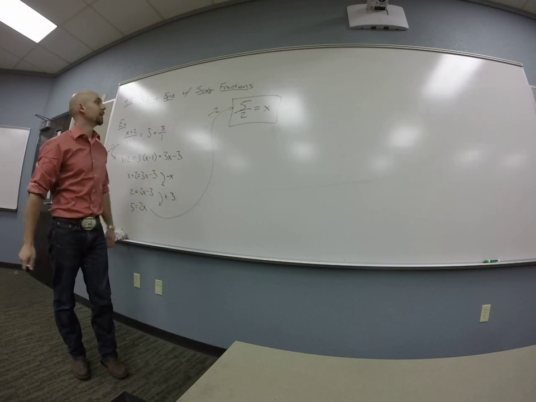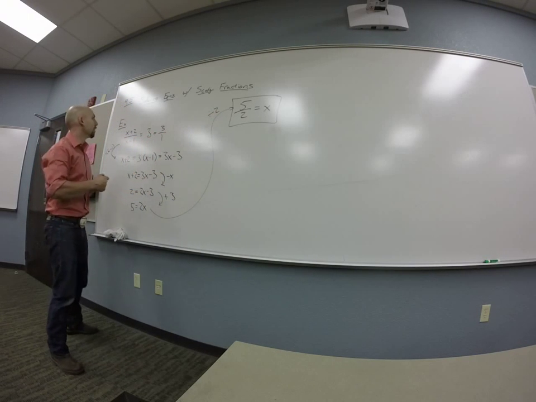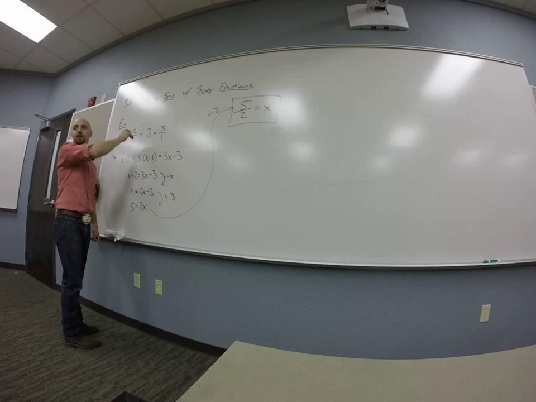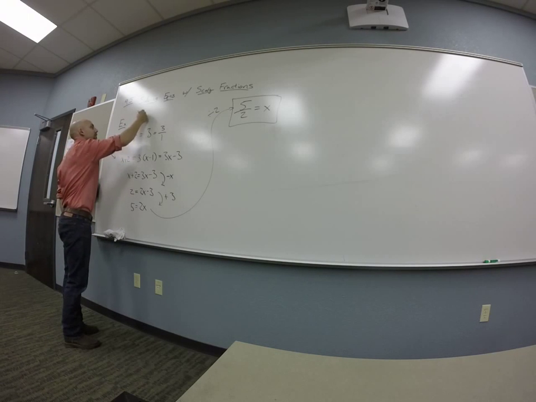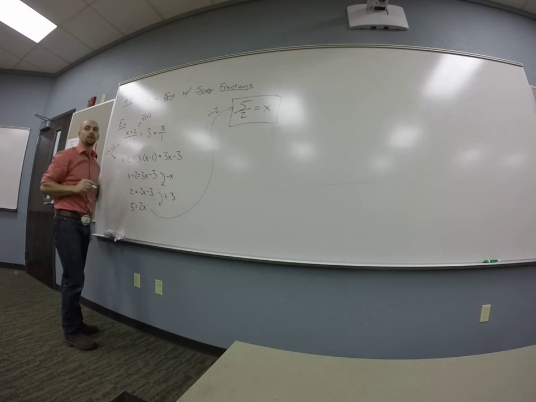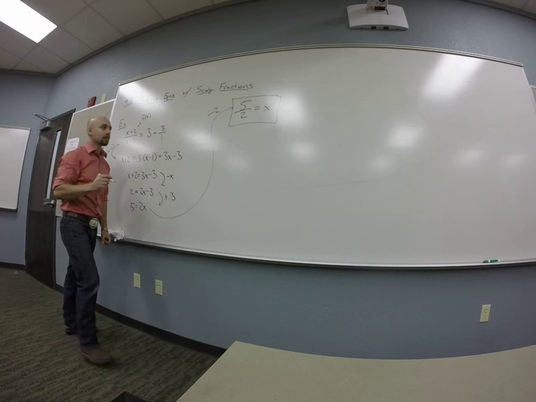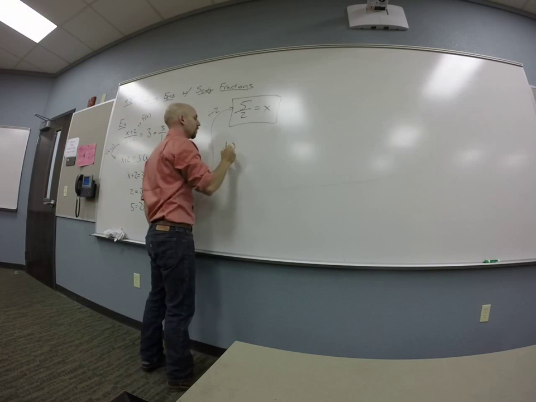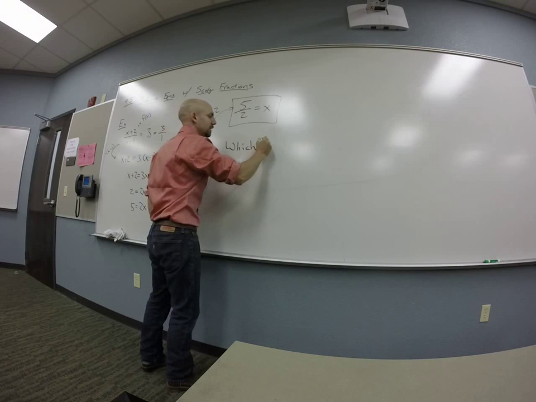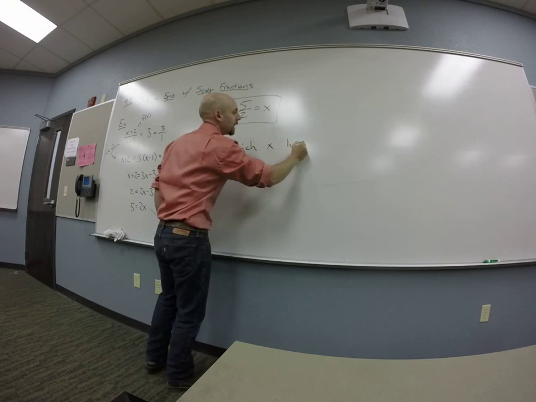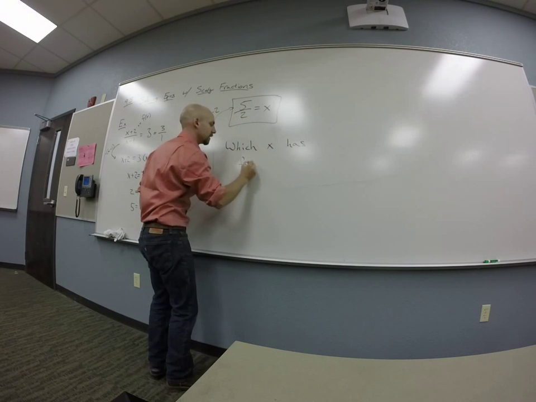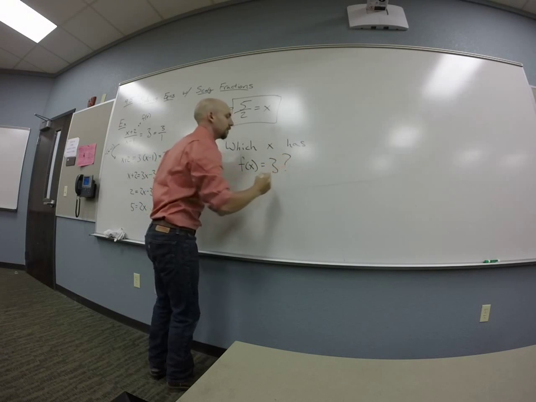So where's the 3 from? Really what I should think here, right, is that this is a function, right? And I'm saying which x has f of x equals 3, right?